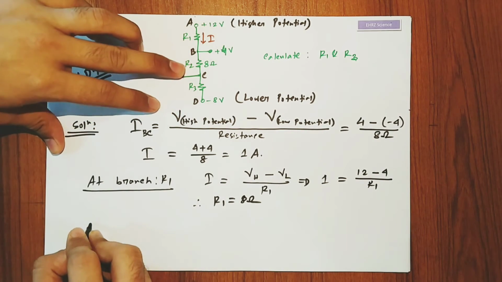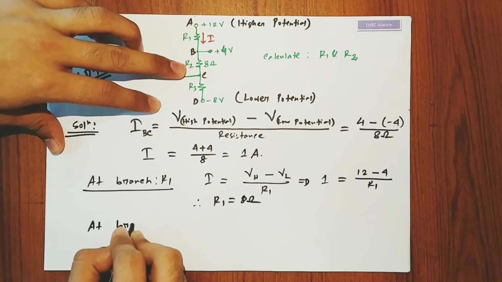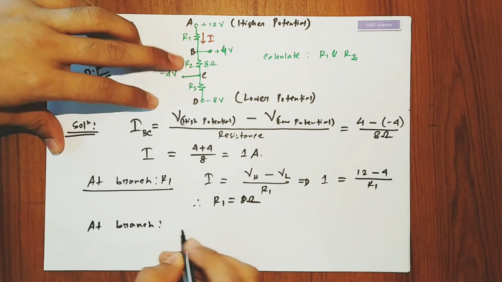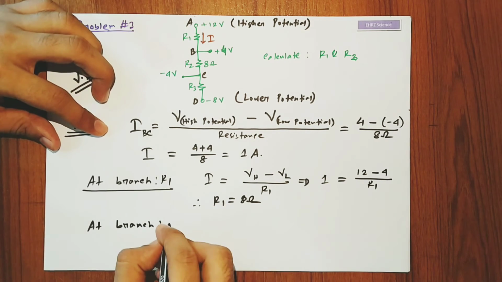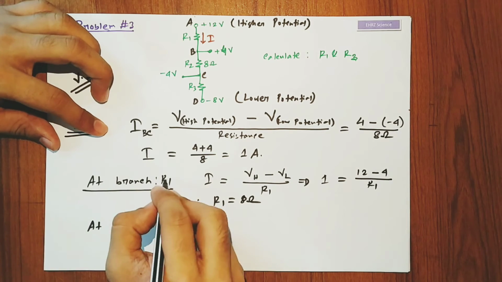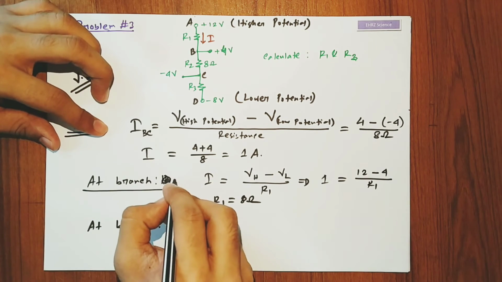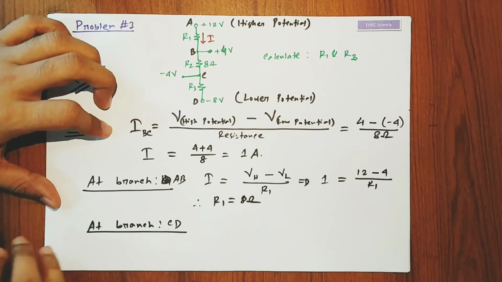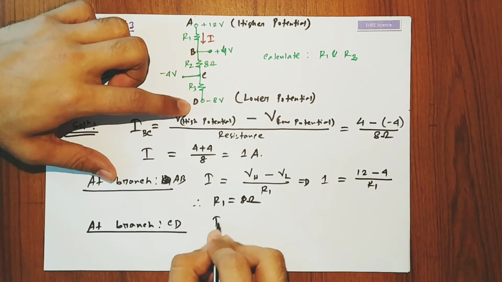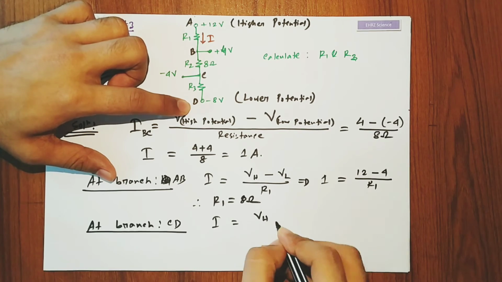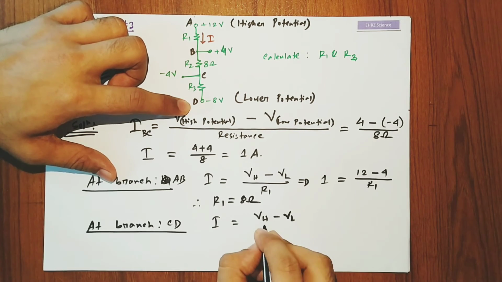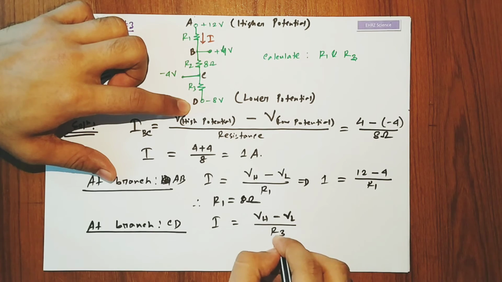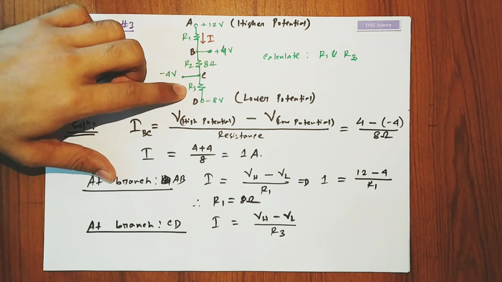Now students, at branch CD, sorry, I had written branch R1, it should be branch AB. Now at branch CD, we know that I is equal to V at the higher potential minus V at the lower potential, divided by the resistance at that branch, which is R3.